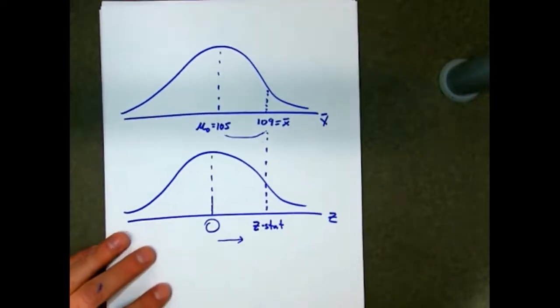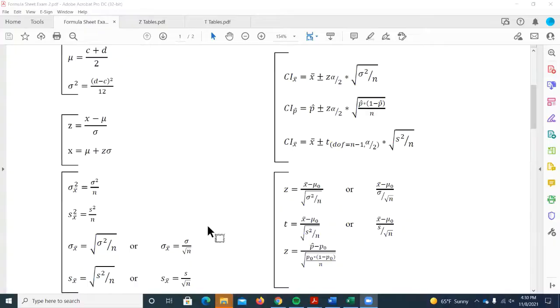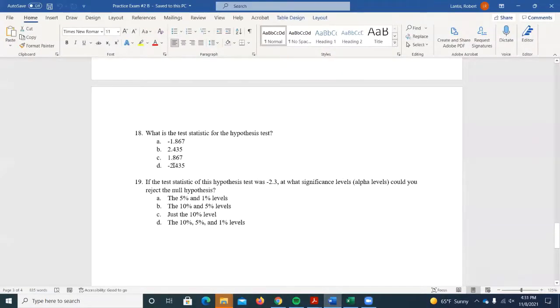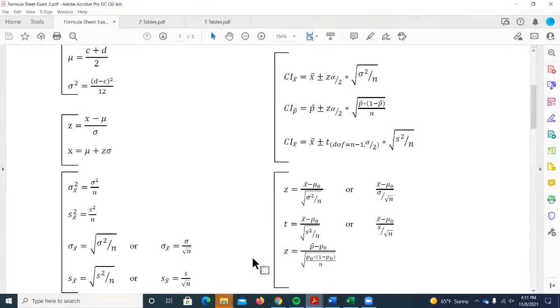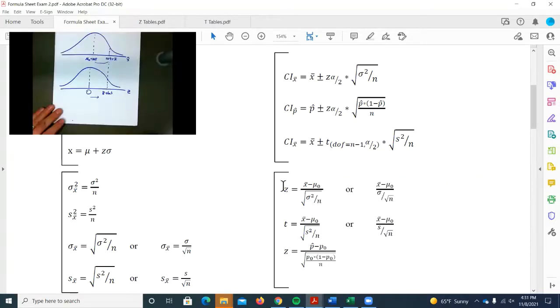So when I look at these answers right away, I can rule out A and D. I know that the test statistic has to be positive. And if I look at my formula, it actually gives me another reason why. So that equation that we have is right here.